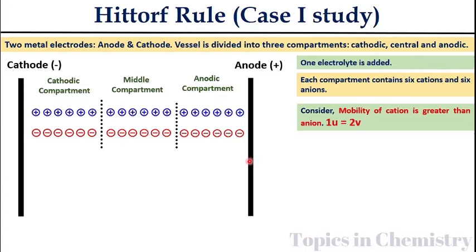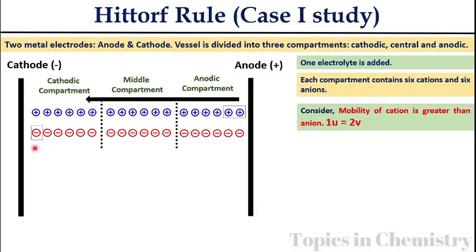Consider these two cations. As the cation moves faster, two cations move in this direction. Cations move towards the cathode, so these two cations move towards the cathode electrode.